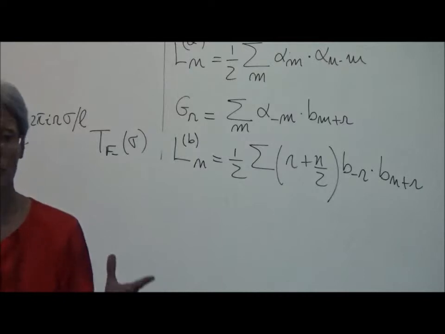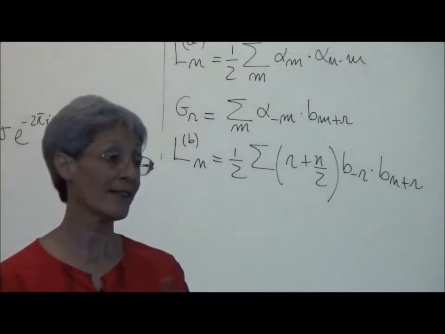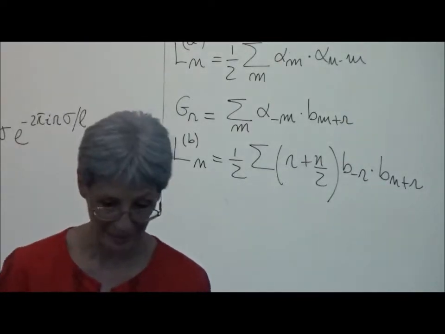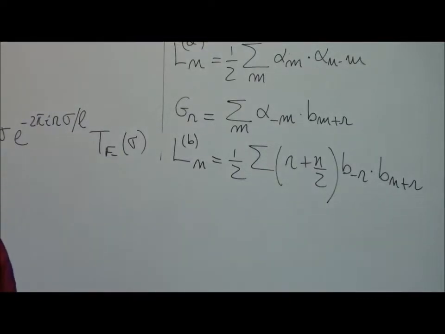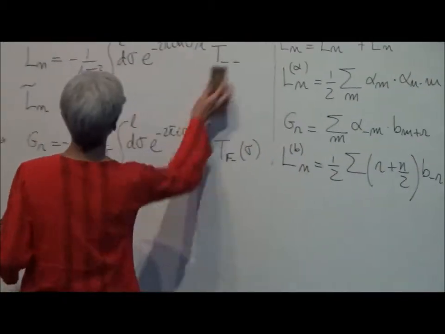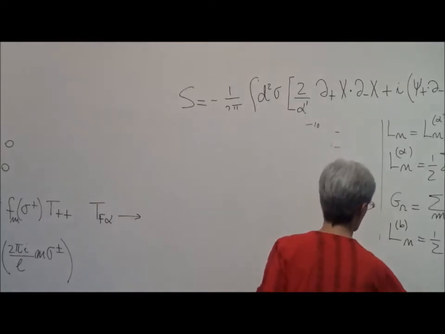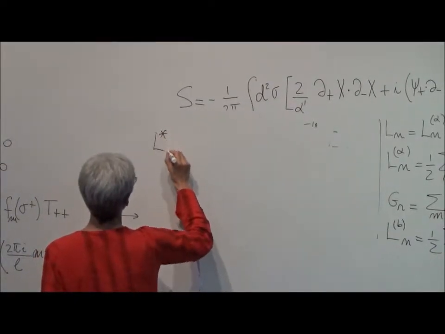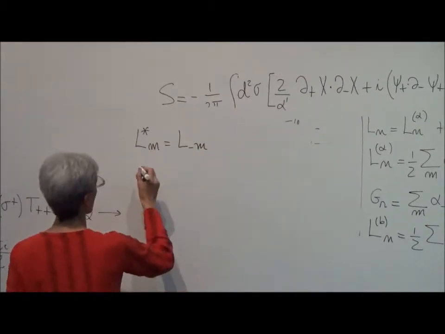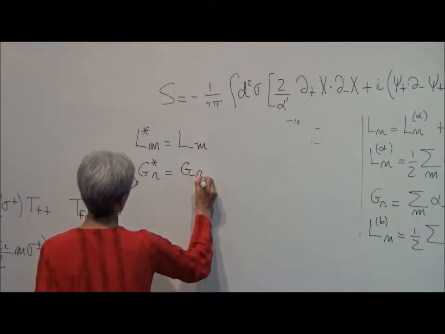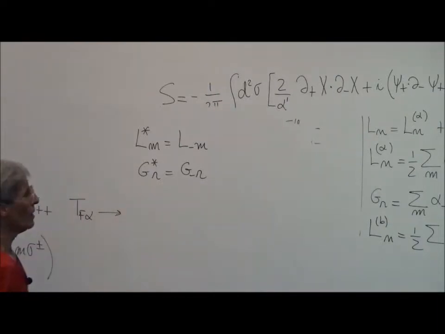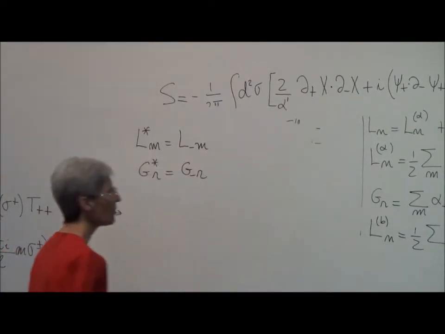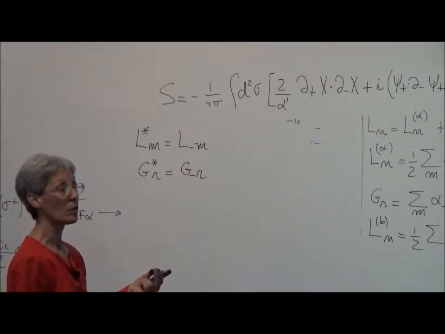And of course, this is for the open string, and for the closed string, we have another set with L tilde, G tilde, etc. If we impose the reality conditions on these generators, we want to compute the superconformal algebra, which is the commutators of the Ln with Lm and Gs all together. We can compute them using the commutators and anti-commutators of the oscillators.